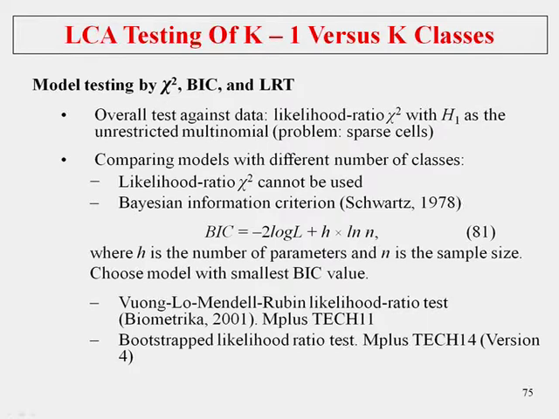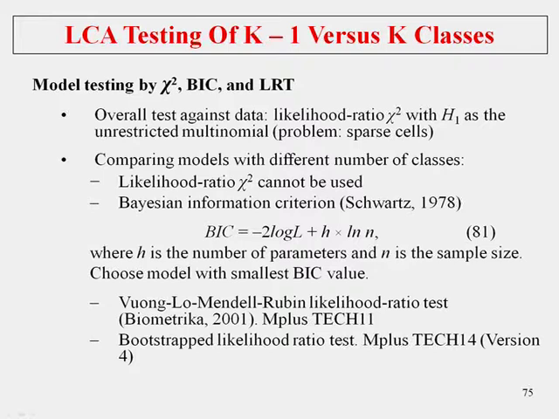So one can give up and use BIC instead, but if you're a true theoretical statistician, you ask yourself, well, if it's not chi-square, what is it? So Lo, Mendell, and Rubin derived the distribution for that likelihood ratio test. It's not chi-square, but it has a distribution and can give you a p-value. That's what you get through Mplus Tech 11, technical output number 11.